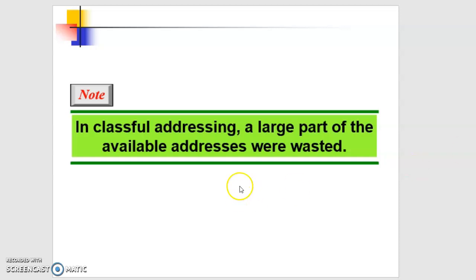So basically available address space was wasted. Class B and C are more likely to be used for medium organizations, but as the requirement keeps on growing, the address space depleted. Therefore, we have shifted to classless addressing.